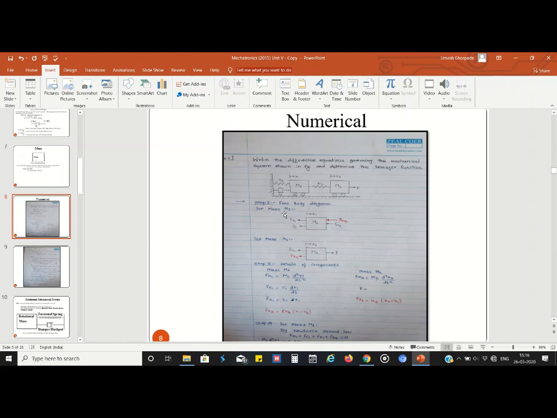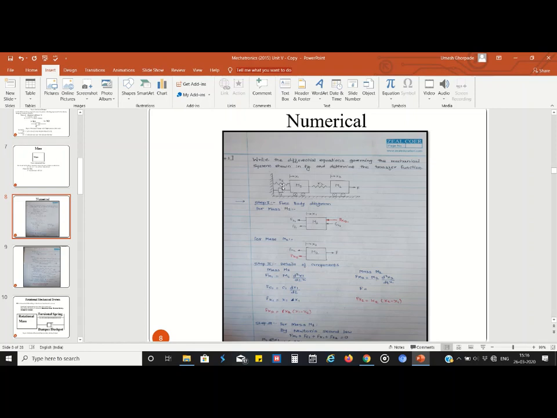For mass m1, we take the free body diagram. The displacement is in the x1 direction, so the forces, the spring force, damping force, and mass force, that is the inertia force, are applied in the opposite direction for balancing.